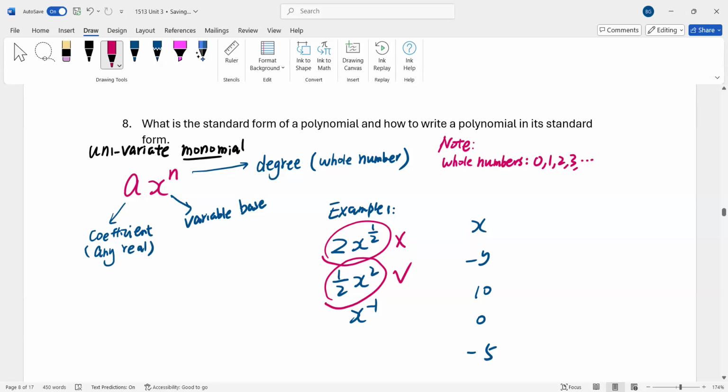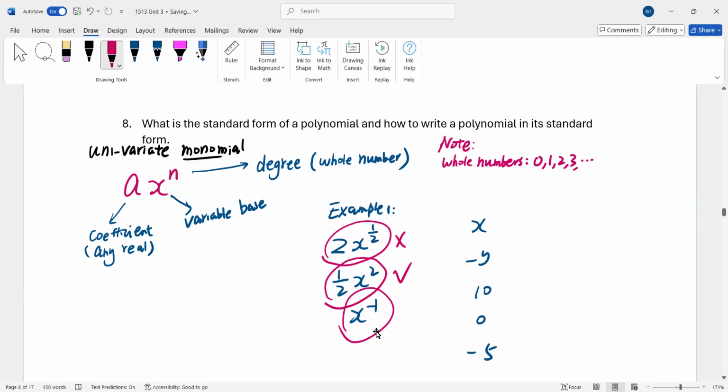All right, guys? What about this one? Bailey, is this expression a monomial? X to the power of 91. Bailey, are you there? Can you say that again?